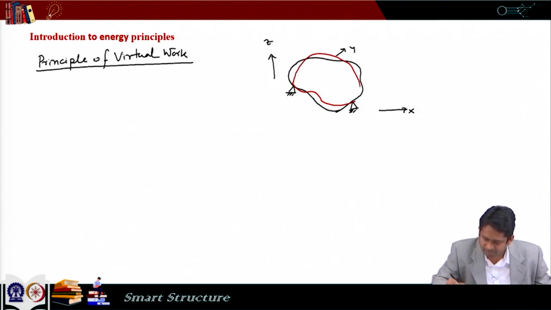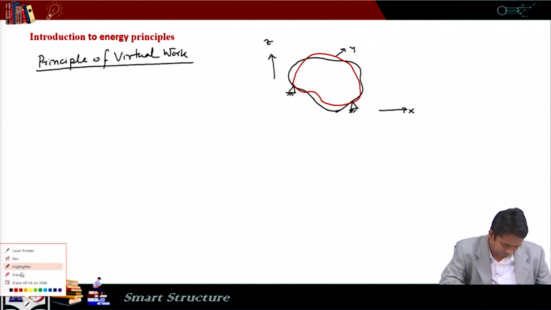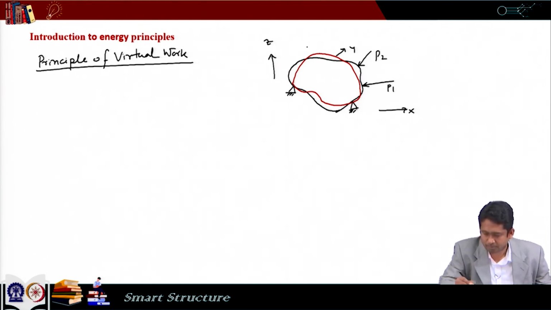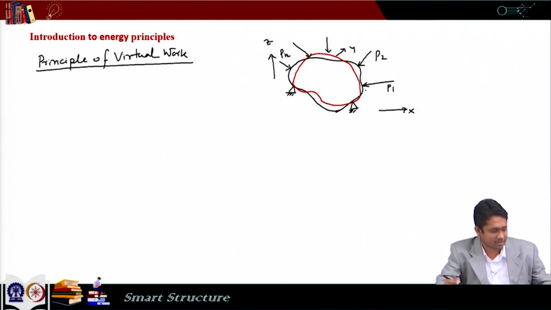Suppose there are n number of loads P1, P2, all the way up to Pn, and under those loads this body deforms in this way. In this deformed configuration, shown by these red lines, the body is in stable equilibrium.